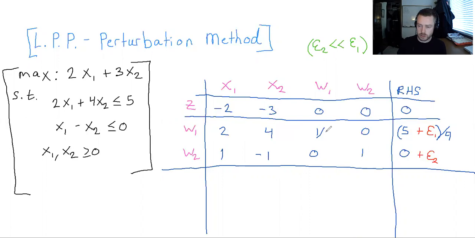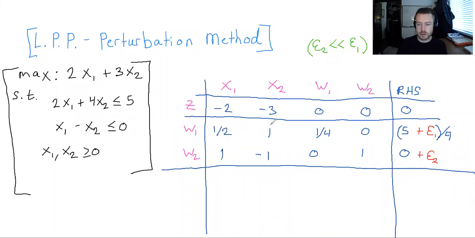This one's going to turn into 1/4. This one's going to turn into 1. 2 divided by 4 is going to turn into 1/2.